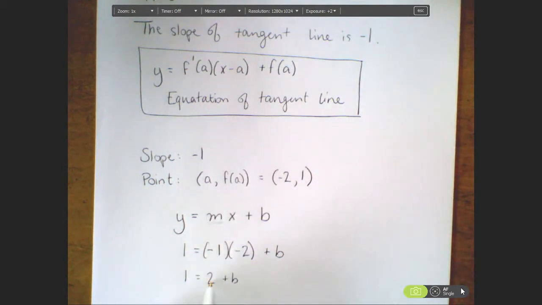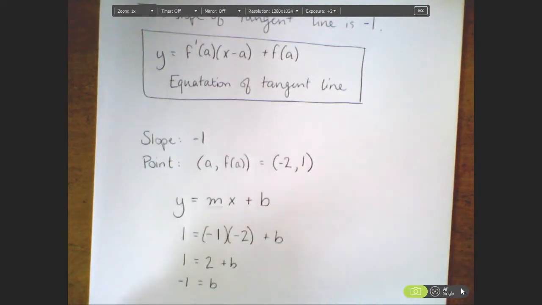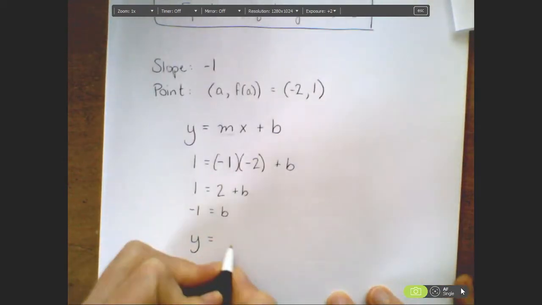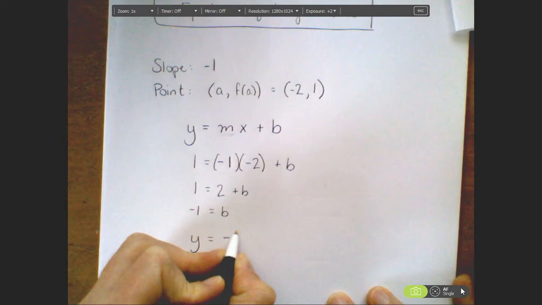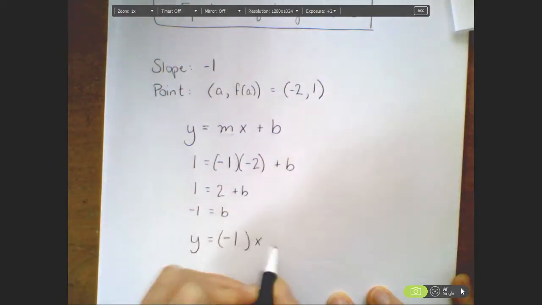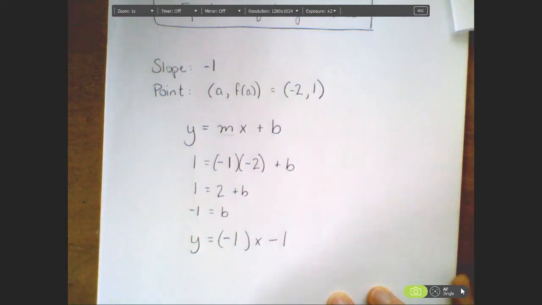In order to solve for b, I'll subtract 2 from each side, and I get that -1 is equal to b. What does this tell me? This tells me that the equation of my tangent line is going to be -1 times x plus -1, or -1. And this is the equation of the tangent line of my function at this red line.